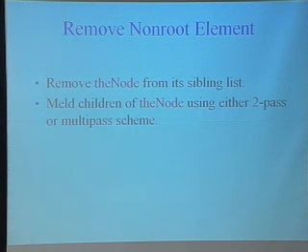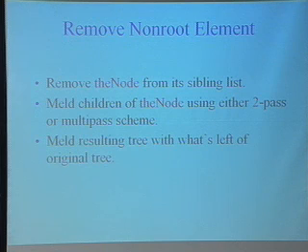We need to combine them together into one, so we'll do that either using the 2-pass or the multi-pass scheme. Whatever strategy you adopt for the remove max, we'll adopt the same one here. And after you've done that, we'll meld it with whatever was left after you pulled it out from the main tree. Let's look at an example to illustrate how this works.